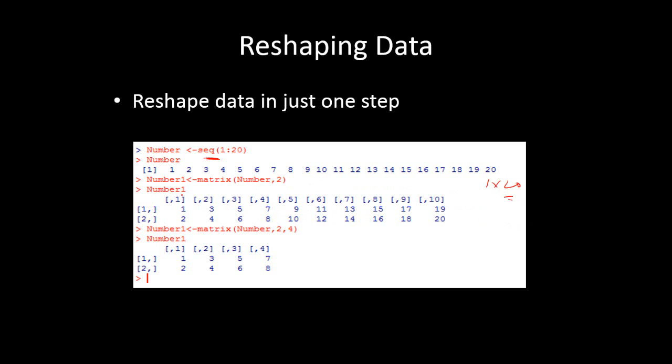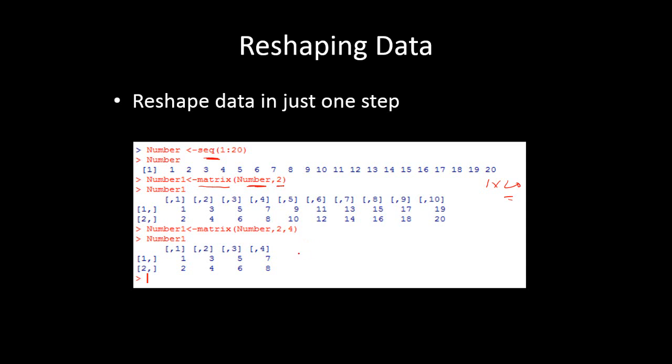So I reshape the matrix with the function matrix, and use number as the input matrix, which I defined in the previous step, and then this number 2 here says that there has to be 2 rows in this case. So it gives me a reshaped version of the matrix number.